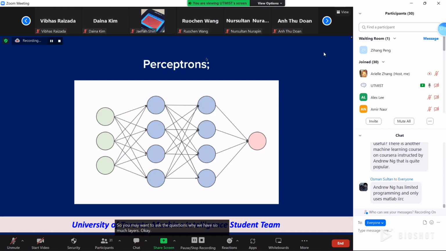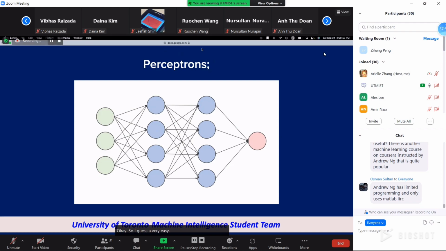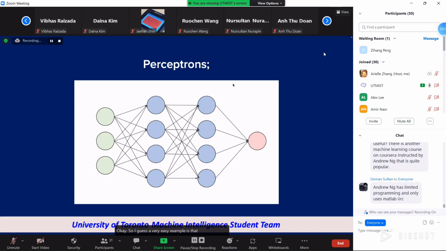Okay, so I guess a very easy example is that, let's say that we have, I'm just going to draw on the screen over here, a Cartesian plane and we have one trend over here. If we have dots on each side of the decision boundary, we can of course classify it, right?